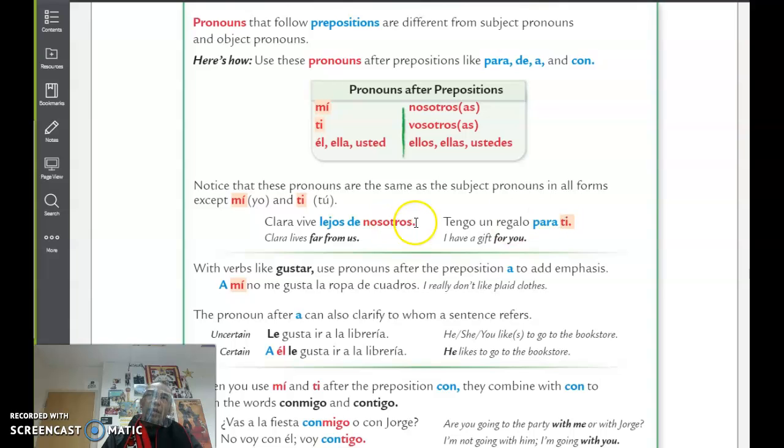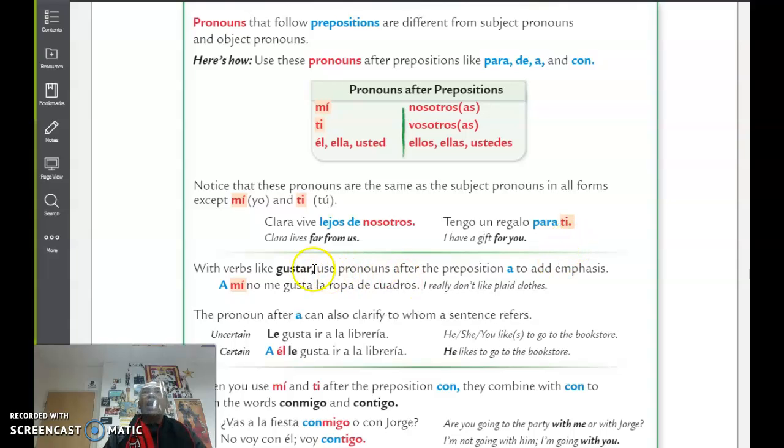So right here, nosotros, there is no different one. This is pretty much the same subject pronoun, right? But when you're referring to yo or tú, you have their own pronouns after prepositions, which will be mí for yo and ti for tú.